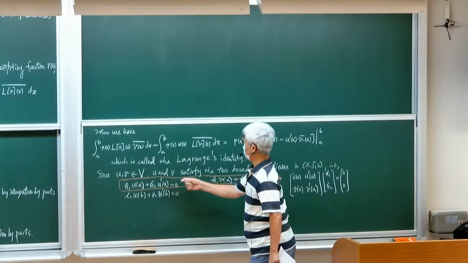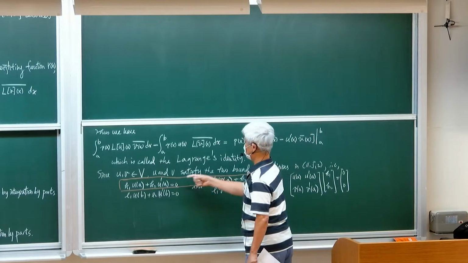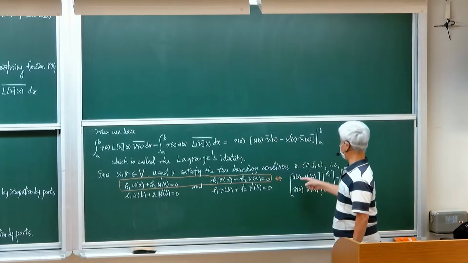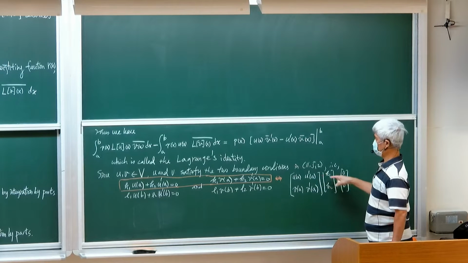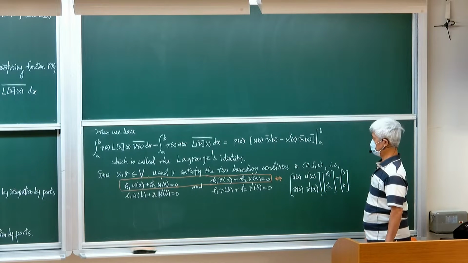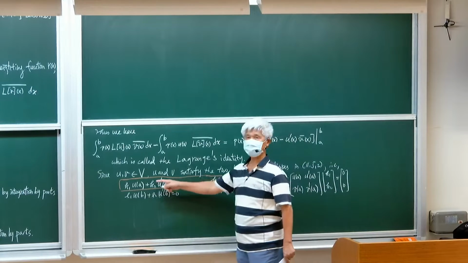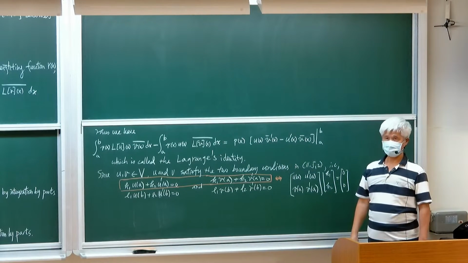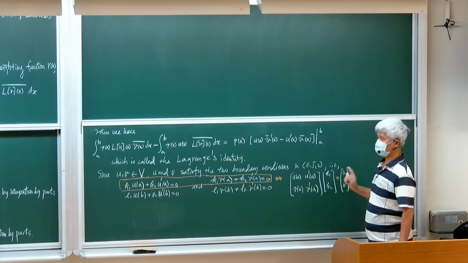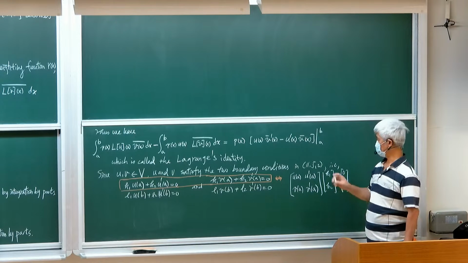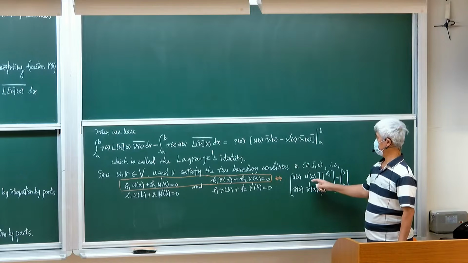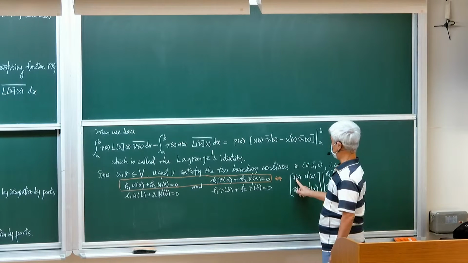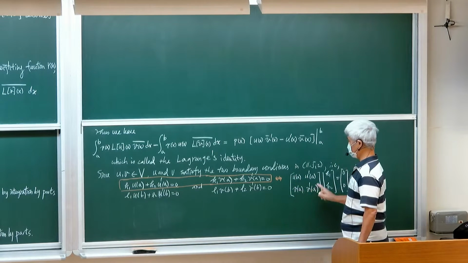When we combine these two linear equations together, K1, K2 would be a solution of this homogeneous linear system. Okay, and the coefficients are U(A), U prime(A), V(A), and V prime(A).